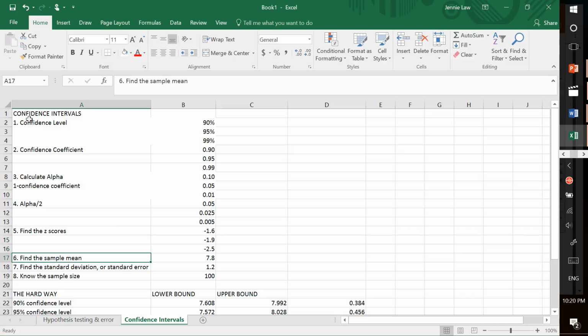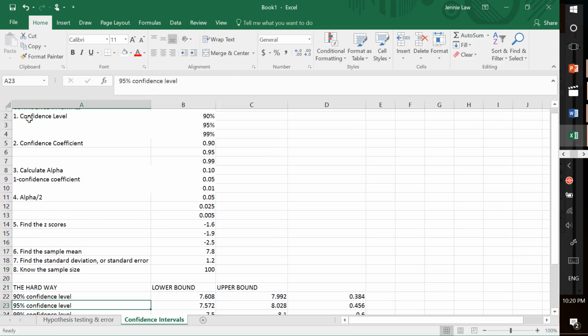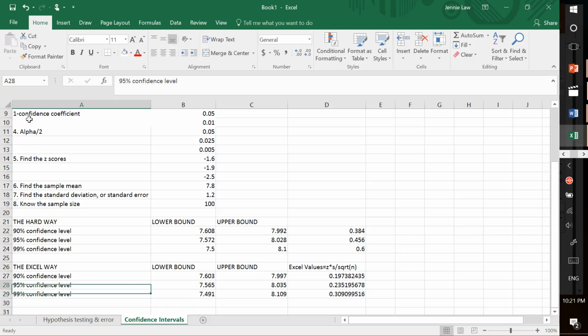And then that if you know the sample mean, the standard deviation or standard error, or the sample size, these are the elements that you need in order to calculate the confidence level. And you should also know the shortcut to doing it the Excel way. So that is the conclusion.